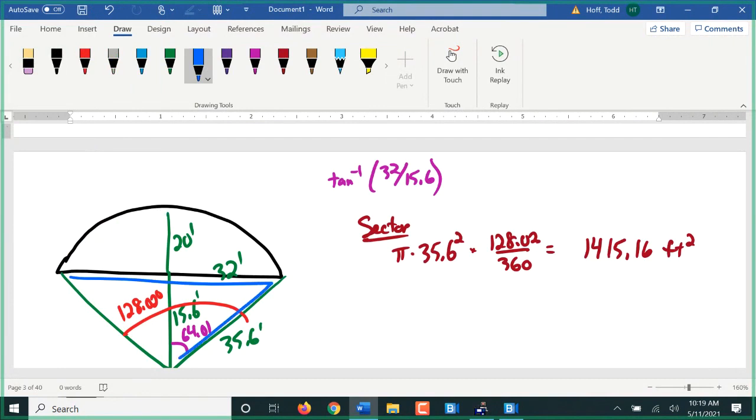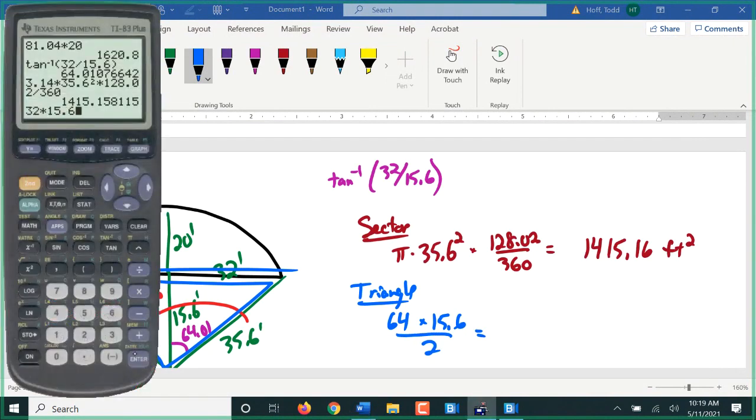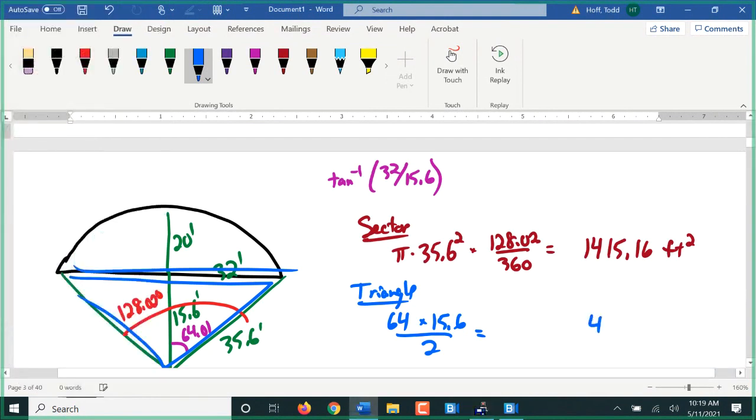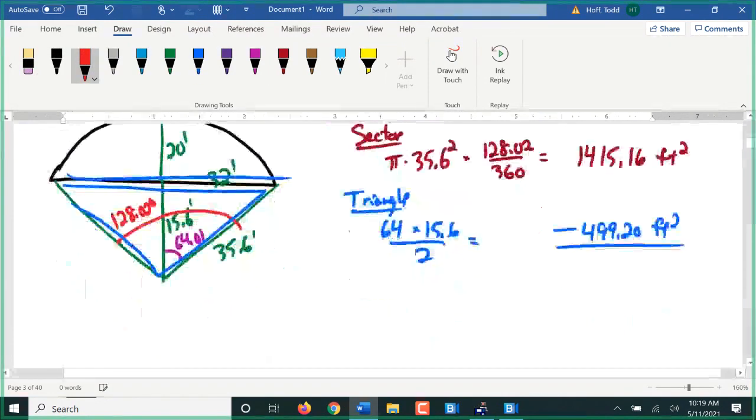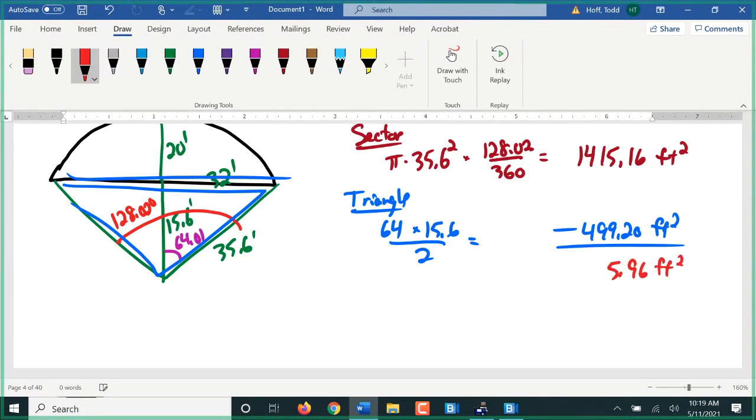Next, we need to subtract out this triangle, which is going to be 64 feet all the way across, times 15.6 divided by 2, giving us 499.2 square feet. And we subtract to get the area of that segment. Get 915.96 square feet.